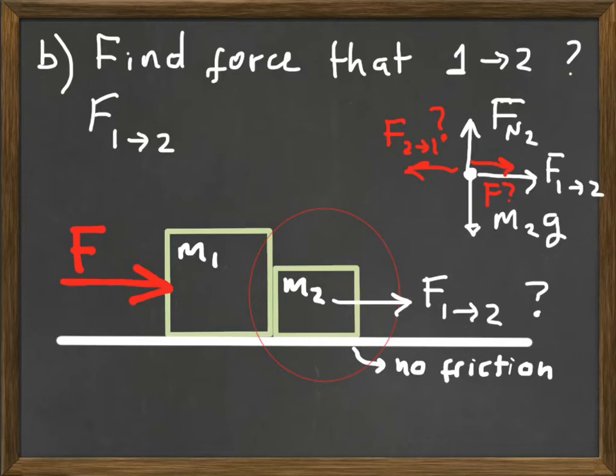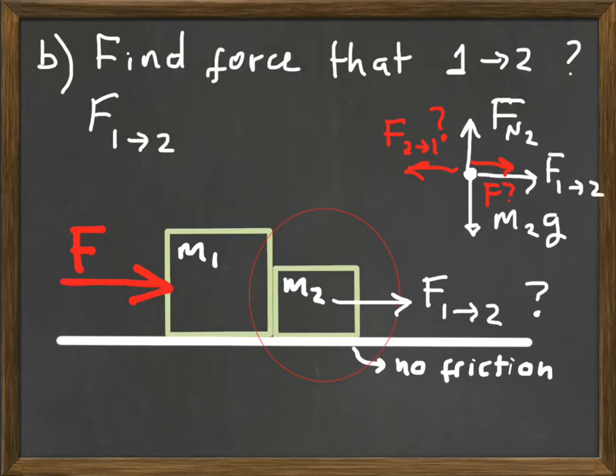One more time, the free body diagram contains the forces that are acting on the object of interest, coming from other objects. It reflects what other objects are doing to the object of interest. What the object of interest is doing to something else, we're not concerned about that at the moment. We're focusing on what is happening to M2.